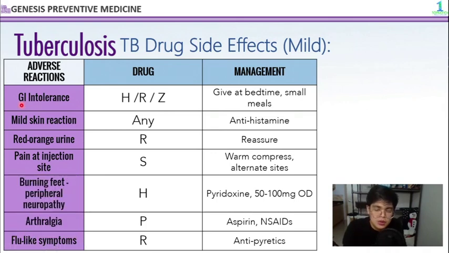So for GI intolerance, which is very, very common, HRZ are the main culprits: isoniazid, rifampicin, pyrazinamide. The drugs can be given at bedtime, and the patient can take small meals. In actual practice, in the experience of TB patients, right before downing the many tablets of TB drugs, they eat a lot, they drink a lot of water, they anticipate the vomiting and the pain.